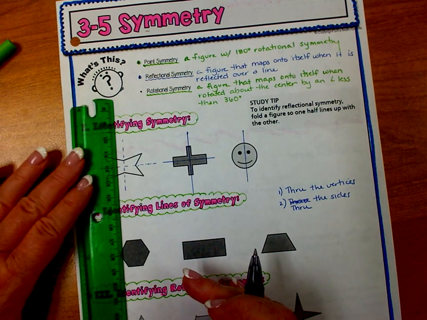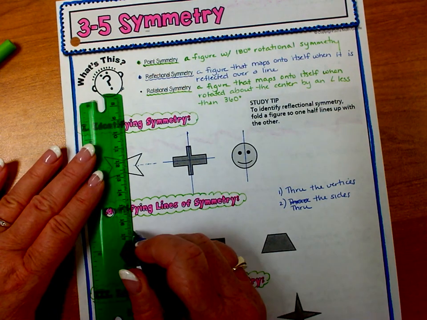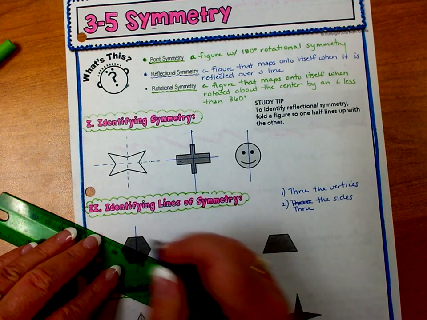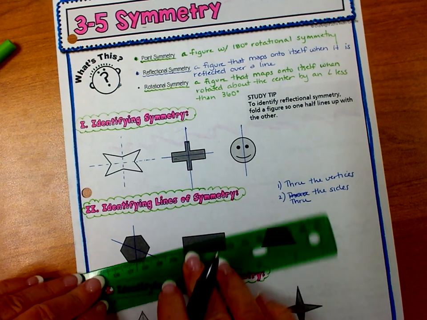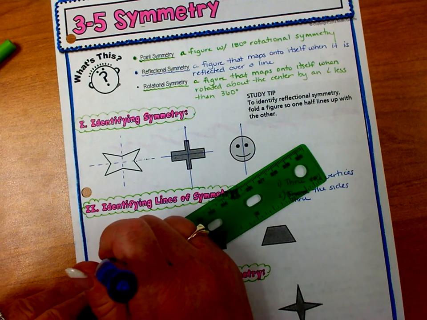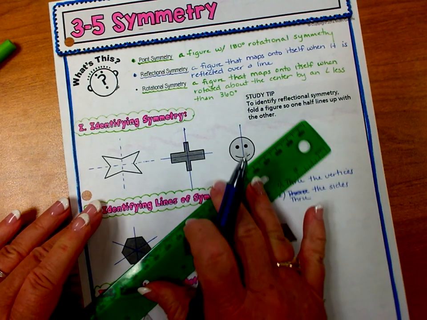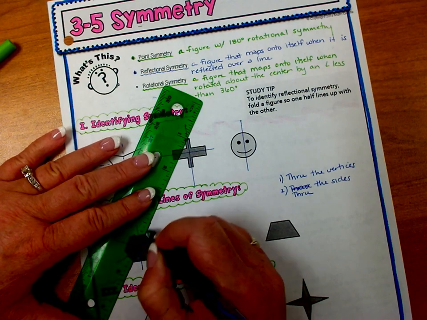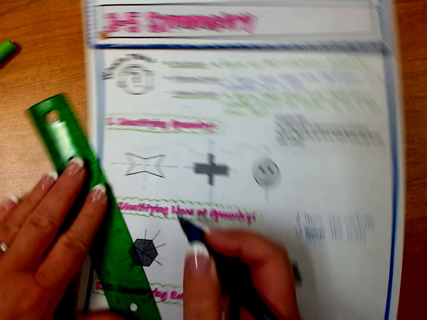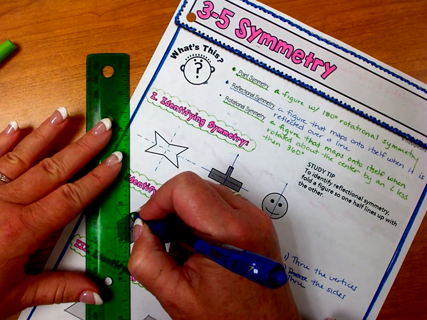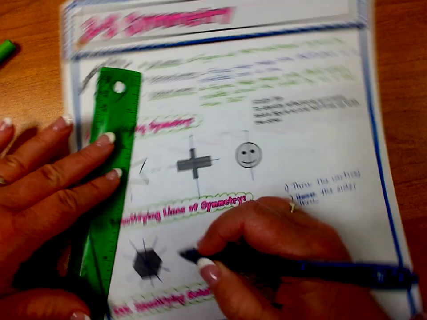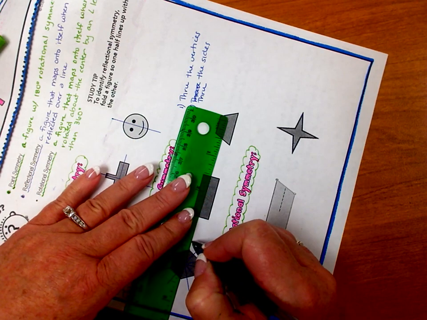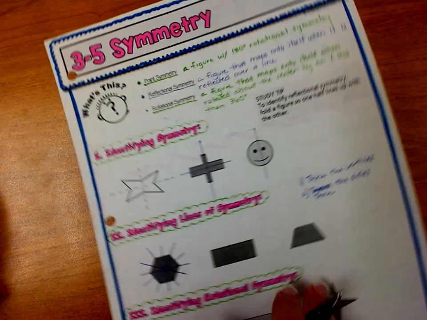So from this one right here, we have 1, 2, 3, and then also through the vertices, 4, 5, and 6 lines of symmetry.